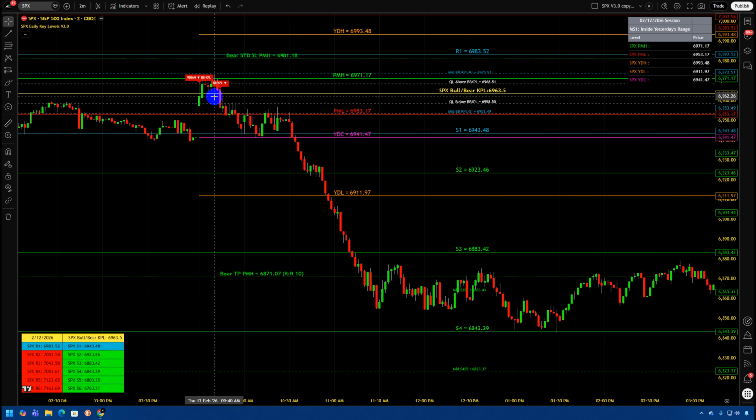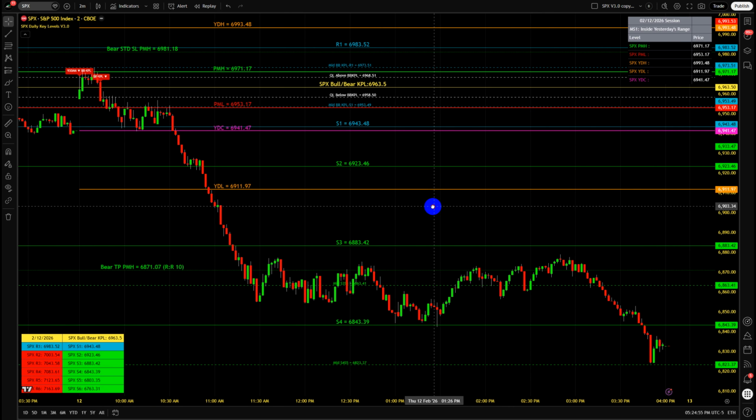And as you can see here, we did have a wick up, but it did not hit the standard stop loss that we use, the mid BBKPL R1, on a bearish play on the bull bear KPL today. And we had a very nice move down, which went all the way to mid S3, S4.